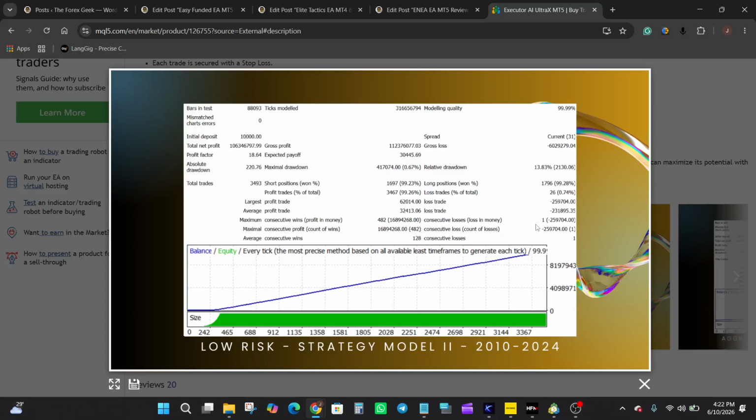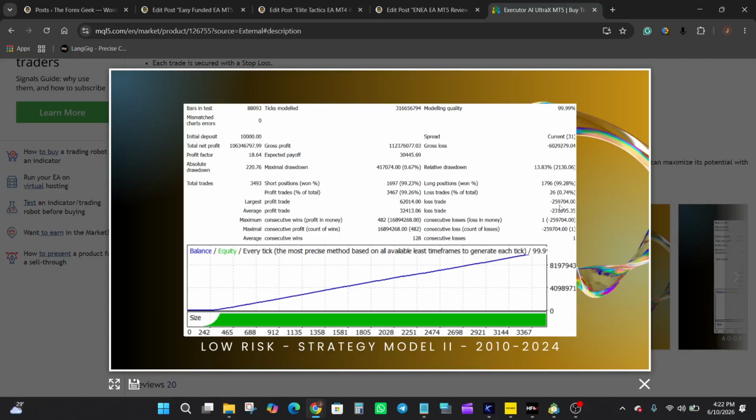So looking at the provided results here on the MQL5 Marketplace page, I can see that from an initial deposit of $10,000, over $106 million is written here as the total net profit. Largest profit was over $62,000.